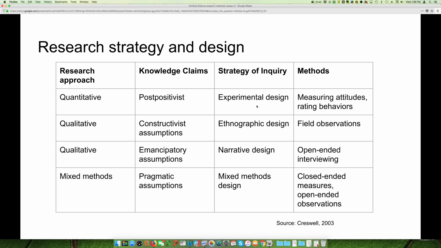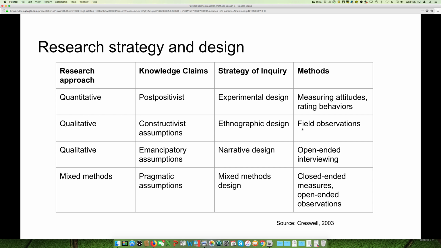And experimental means that you'll be collecting your own data or taking data from different databases and determining what your variables are that you think have a relationship. So qualitative studies oftentimes stem from constructivist assumptions, and a strategy to engage in that would be ethnographic design, where ethnography is where you immerse yourself in a research environment and draw insights, observations, and conclusions from those observations.